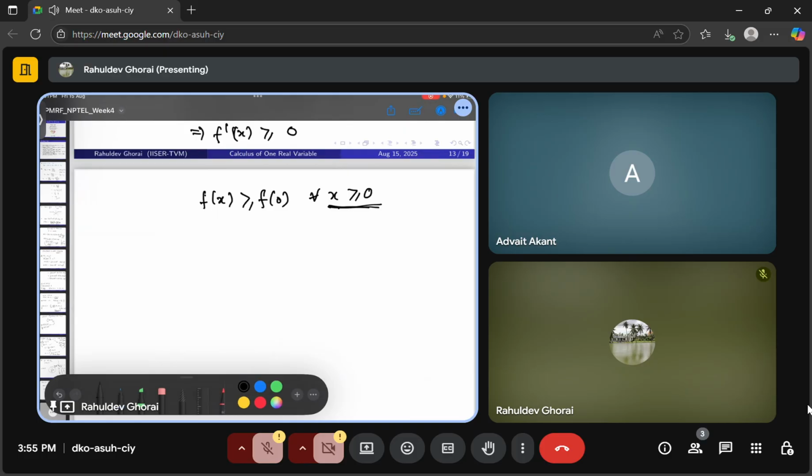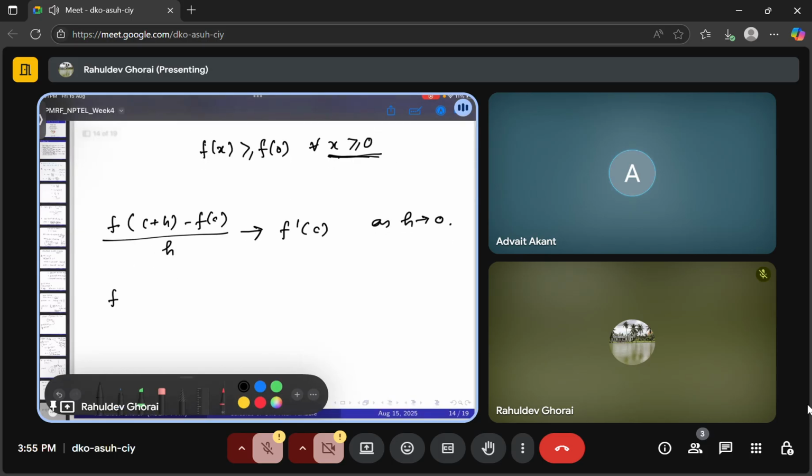So you have seen f(c plus h) minus f(c) over h converges to f prime c as h tends to 0.